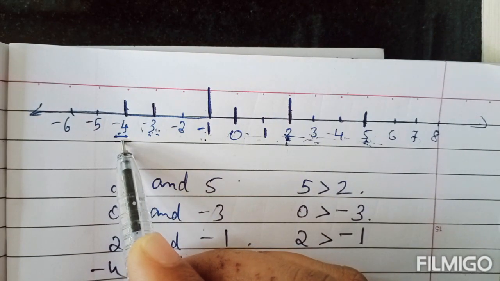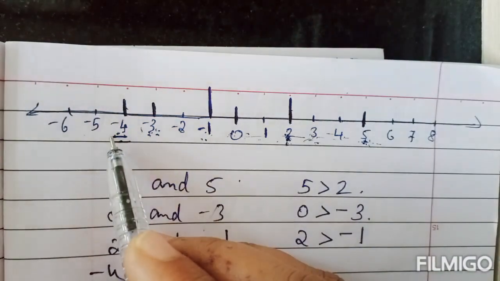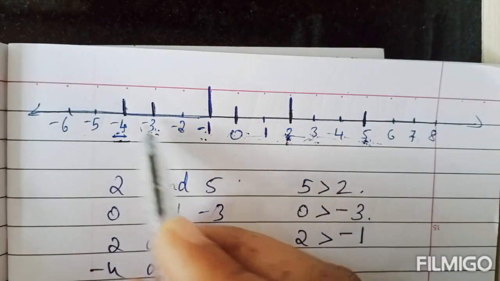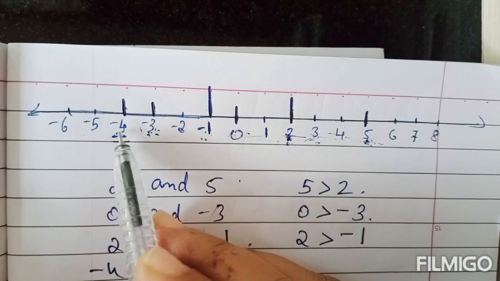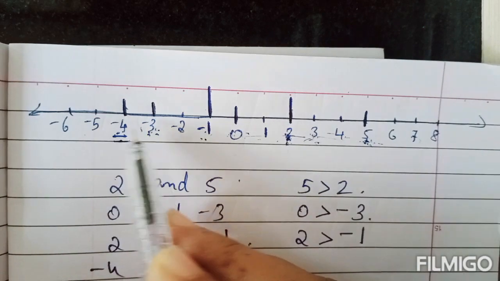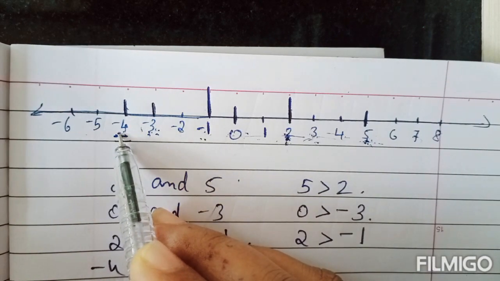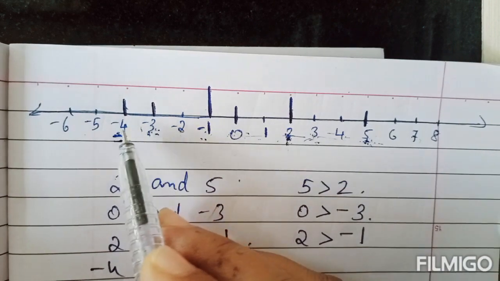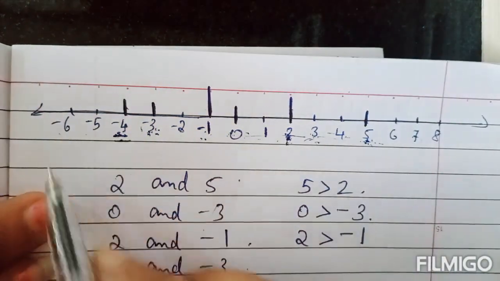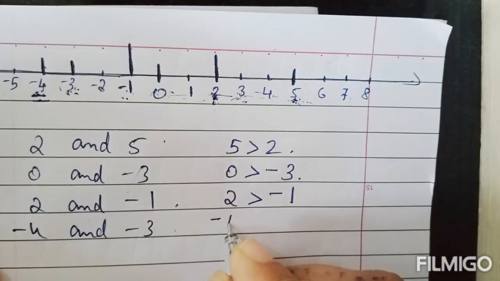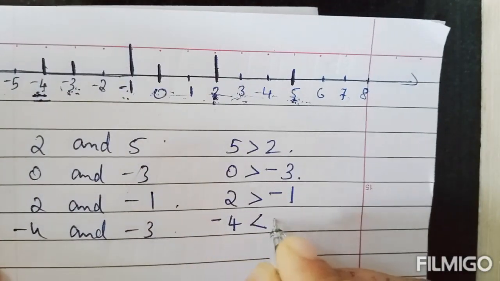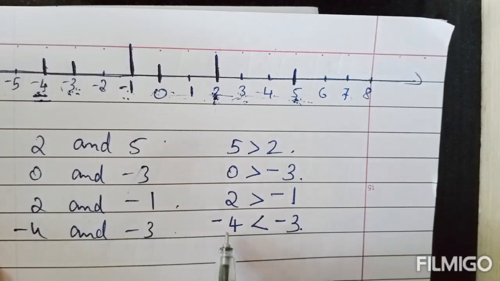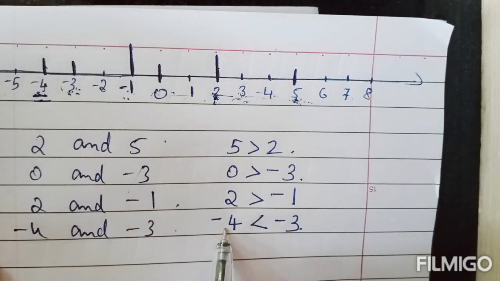This is the second point. Minus 4 lies on the left side of minus 3. So minus 4 is less than minus 3. Minus 4 will be smaller than minus 3.